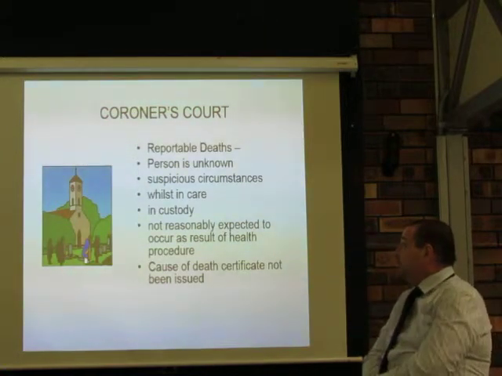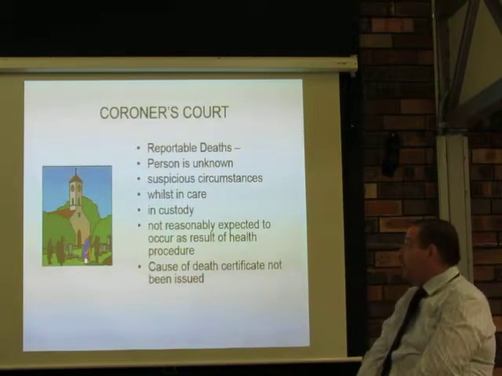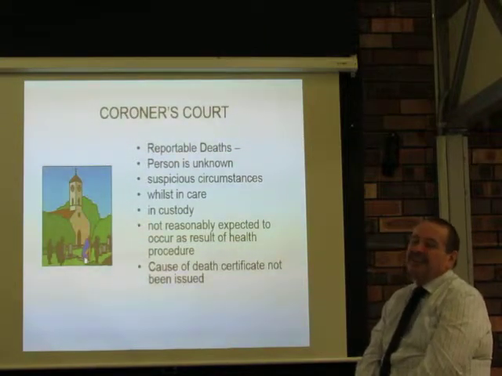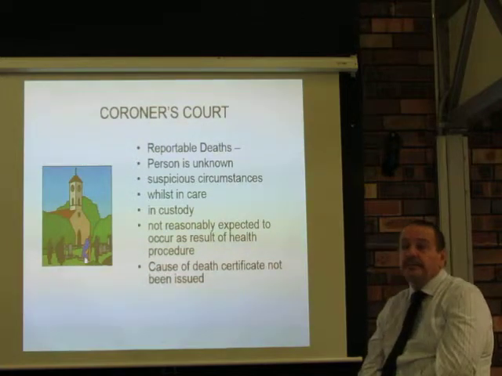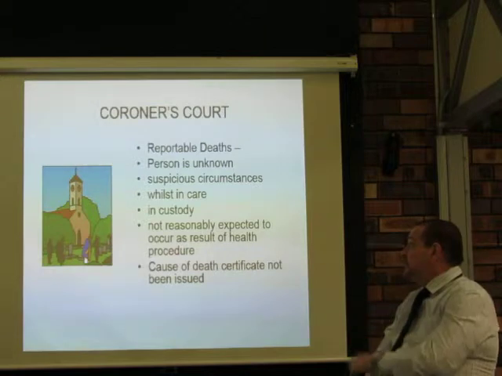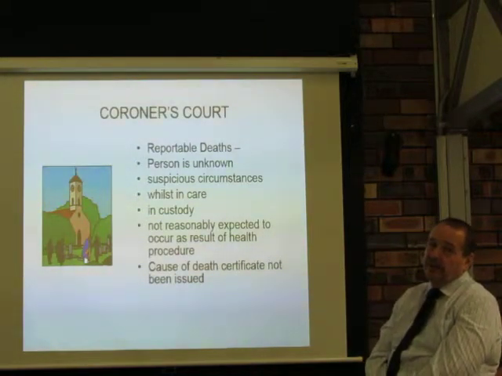So the coroner's court, these are the reasons they do a coronial inquest. Reportable deaths. So for instance, someone's stabbed, they're murdered, whatever, they die, that's a reportable death. Person is unknown. The old John Doe, Jane Doe thing.